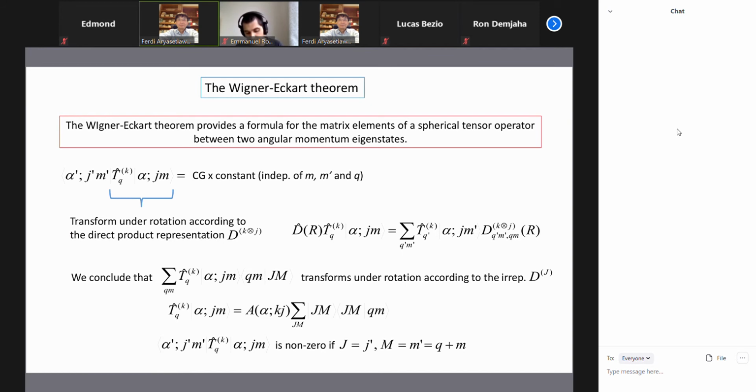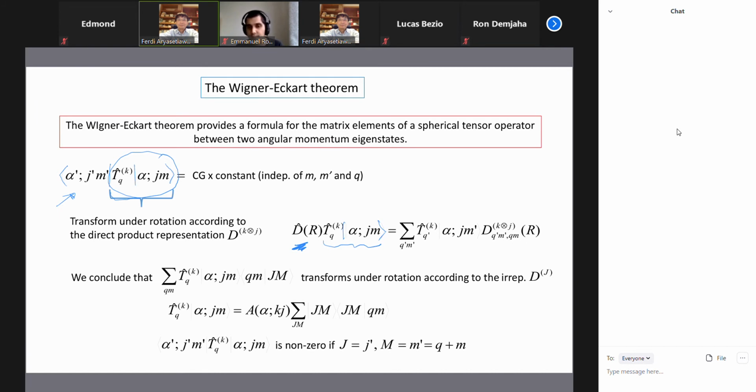So if we look at how this state here transforms under rotation, forget for the moment the bra. We just look at this state here. We rotate it, so we just apply the rotation operator.